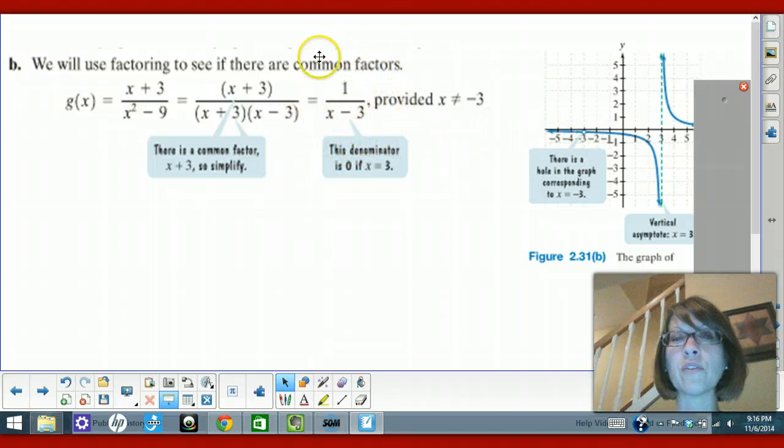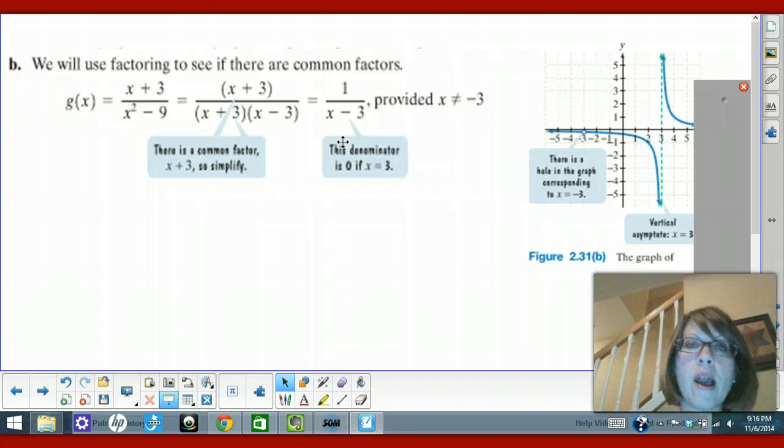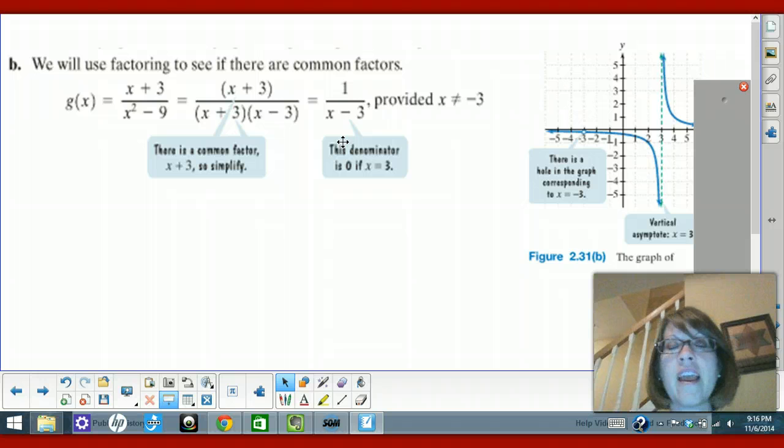We get the y value by putting the -3 in here to the 1 over x minus 3. Pause this, go back, look at it again, ask me a question if it's not perfectly clear, okay?